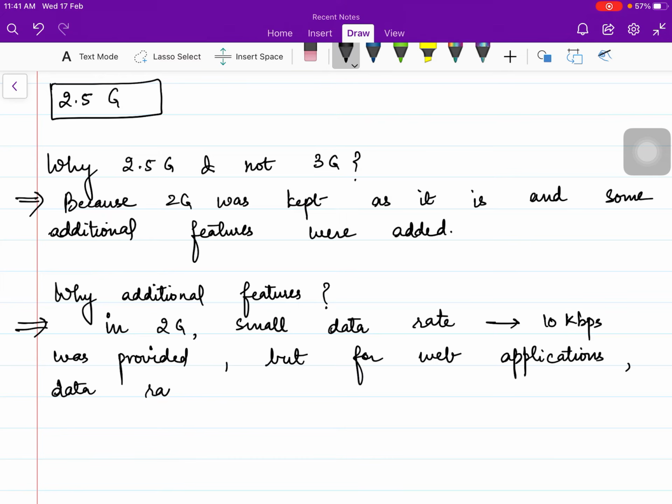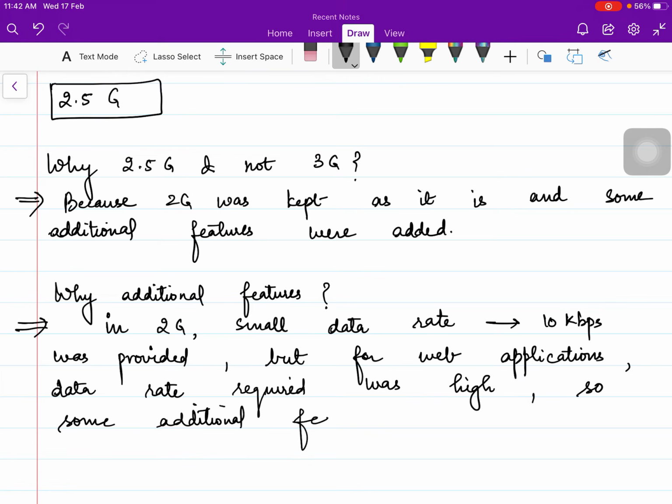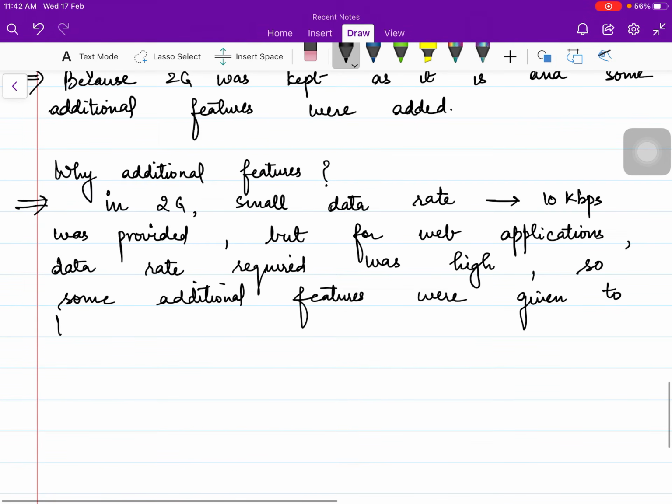So the data rate required was high. So some additional features were given to the base stations to increase the data rate.